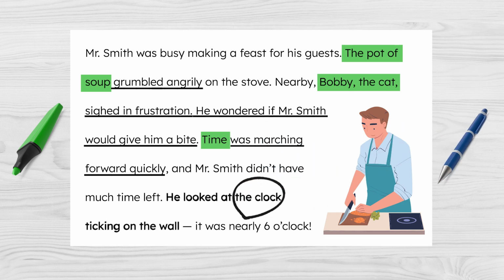He looked at the clock ticking on the wall. Does the author use human qualities to describe the clock? No, the author simply states that it's ticking, which is what a clock naturally does. This isn't personification, it's literal language. Just because a description is interesting or detailed doesn't mean it's personification.